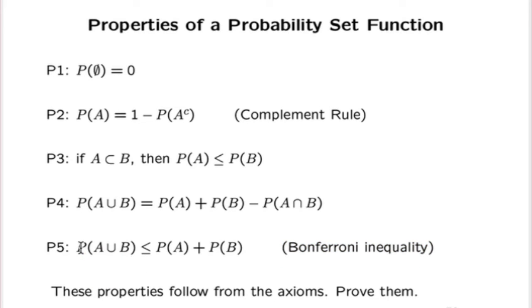This property says that the probability that at least one of the two events A or B occurs will always be less than or equal to the probability of A plus the probability of B. Now again, properties 4 and 5 were properties that we listed as being properties of relative frequency probabilities.